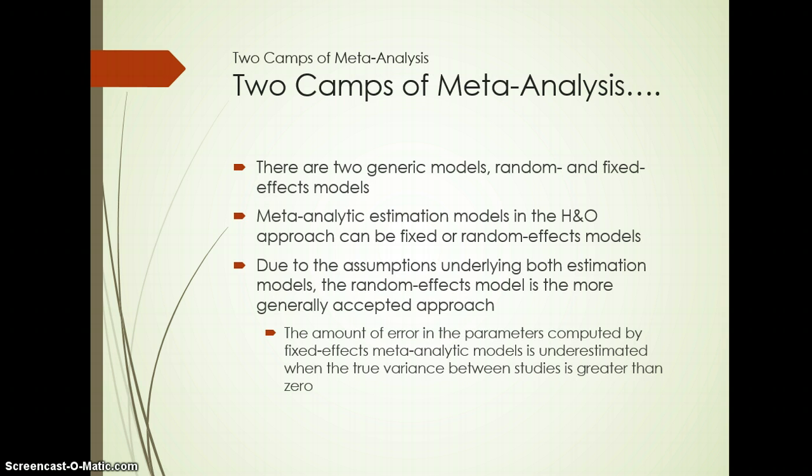Okay, so there are two generic models also. I think this is one final point that I'd like to make. Two generic models that we could use when actually calculating statistically a meta-analytic review, and we can use what is known as a random or fixed effect meta-analysis. When we're looking at meta-analysis in the Hedges and Olkin tradition, we can use both a fixed or random effects meta-analysis.